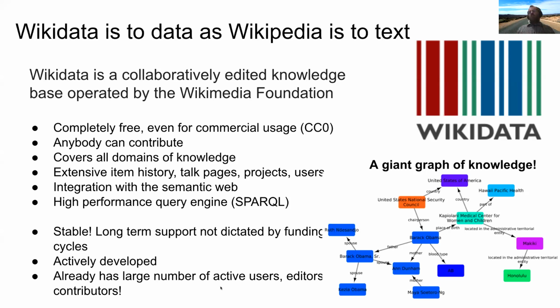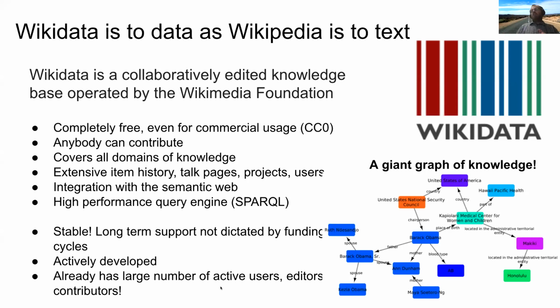It is completely free. Wikidata is available under CC0, so it can be used in any context, even in commercial use cases. Anybody can contribute, both bots and humans. It covers not only the life sciences, but also museums, and every kind of human society can be covered.